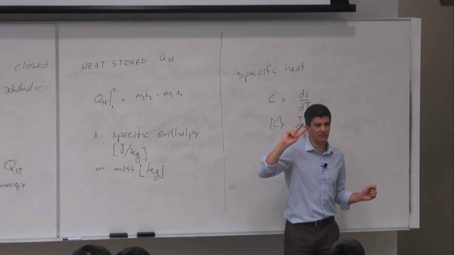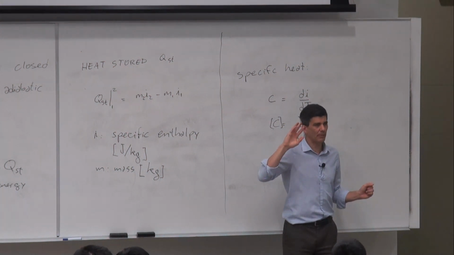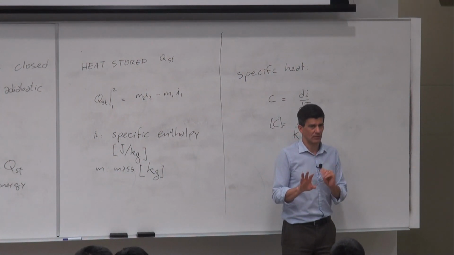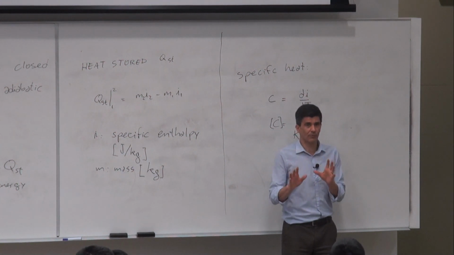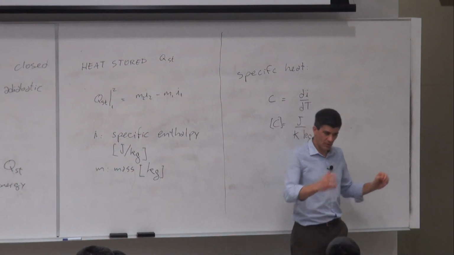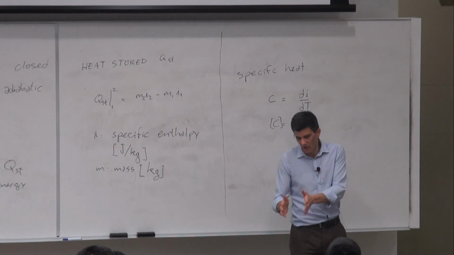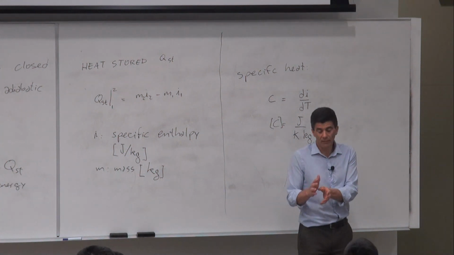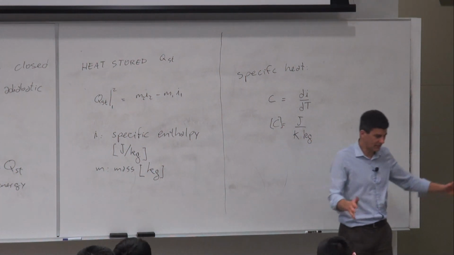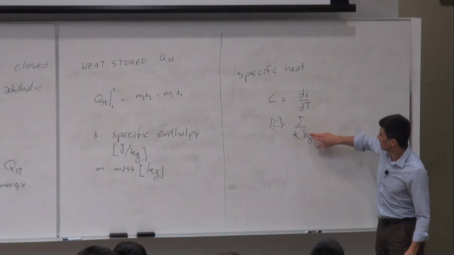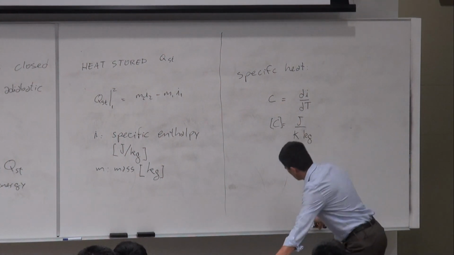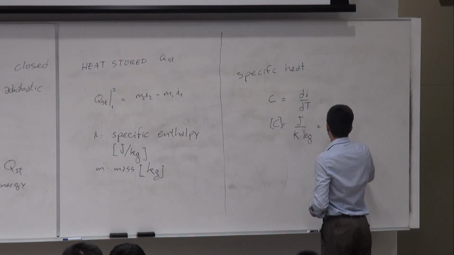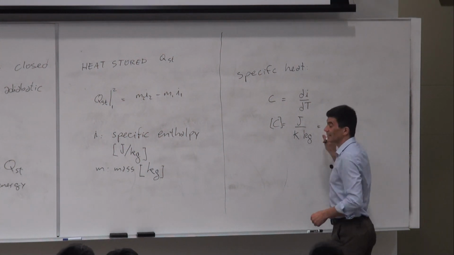And those 2 Kelvin are the same as 2 Celsius. So when we're talking about variations or derivatives, Kelvin and Celsius can be exchanged. It's a crazy thing. We use the same symbol for 2 different things. One is how much money you have in the bank. The other is how much money you have changed. It's not quite the same concept. You can make money or you can lose money doing some things, and whatever was there is something different. So this is the same as joule per degree centigrade kilogram. Same thing.